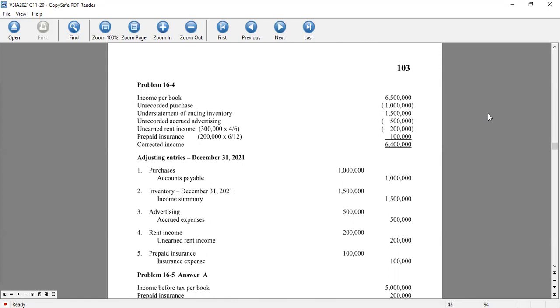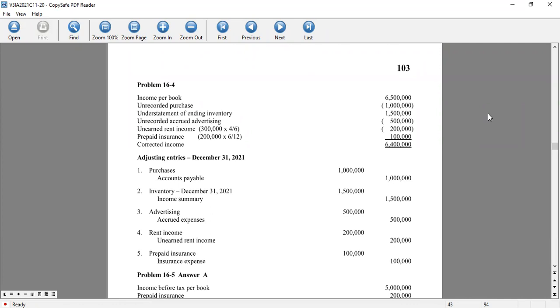However, out of 300,000, if you divide it by 6, the earned portion is 300,000 divided by 6, it's 50,000 a month.